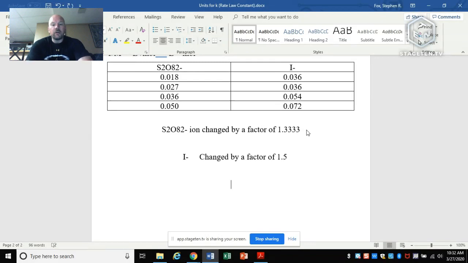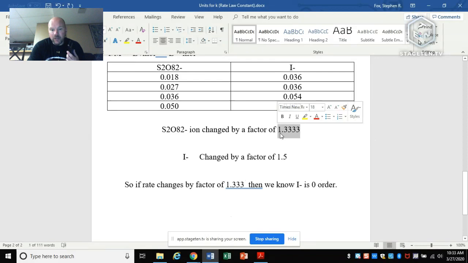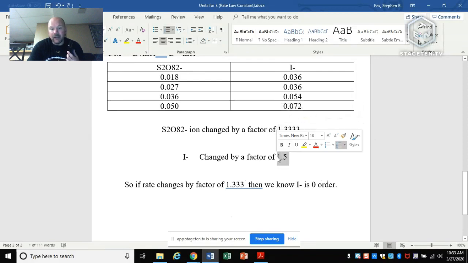Let's go over the different scenarios. If the rate changes by a factor of 1.33, then we know I minus is zero order. What else could it be? What if I minus was first order? Then the rate is going to increase by a factor of 1.33 and a factor of 1.5.